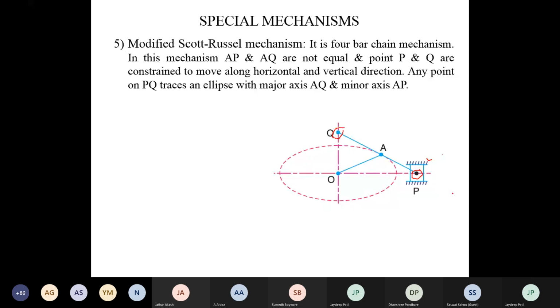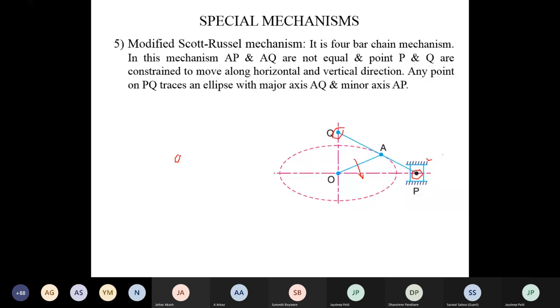But the mechanism is this: suppose A rotates in a circular path, Q, a point on the extension of link AP, traces an approximate straight line, not an exact straight line. Now the mechanism is that when A rotates in a circular path, Q, a point on the extension of link AP, traces an approximate straight line if OA is equal to AP square upon AQ.